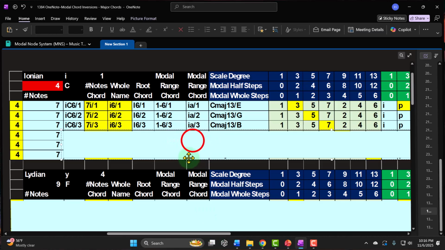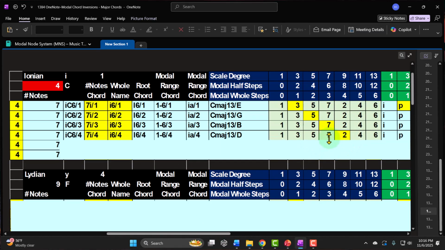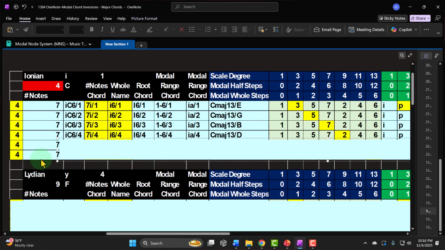And so then we can call it a 6I/3, so an I6/3, or we could say it's a 7I. The next one would be a C major 13/D, meaning the 4th inversion. So that node number 2 happens to be a D in a collection of notes around the key of C, but not transferable.